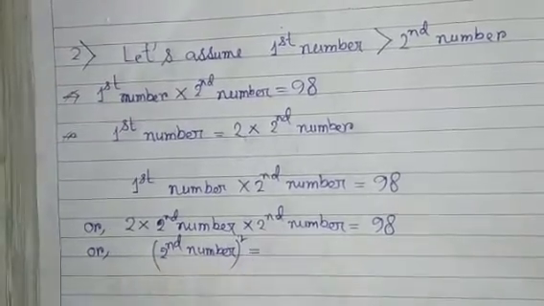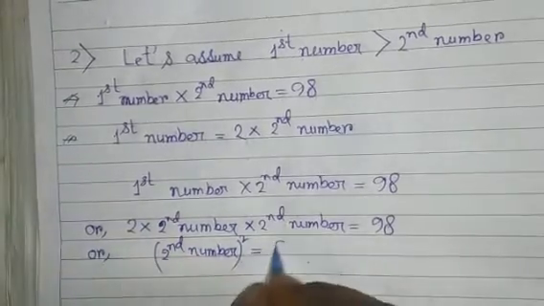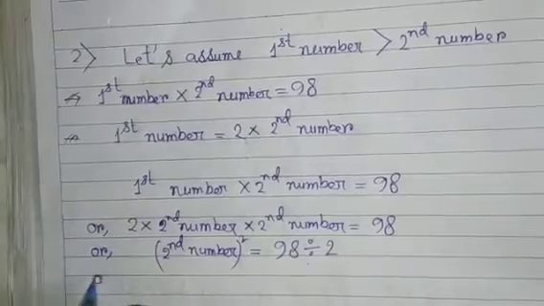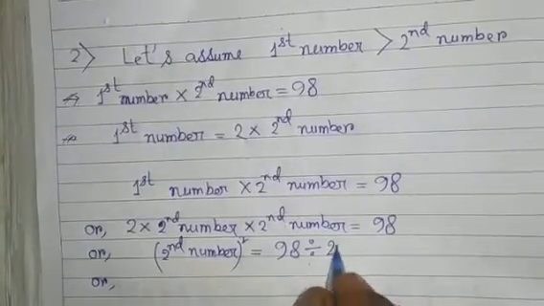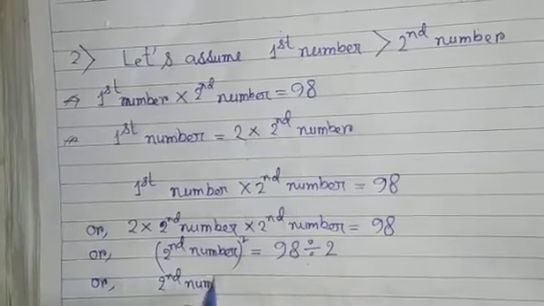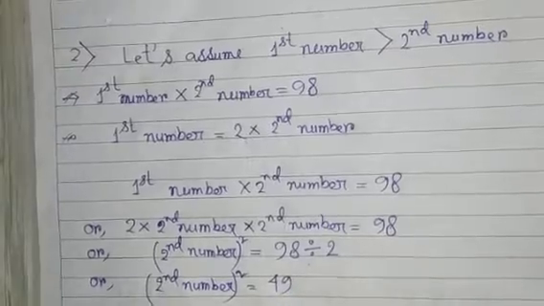This is equal to what? I'm taking this 2 to the right side. That means 98 divided by 2. Now in the rough you can divide this. Second number square is equal to 49.